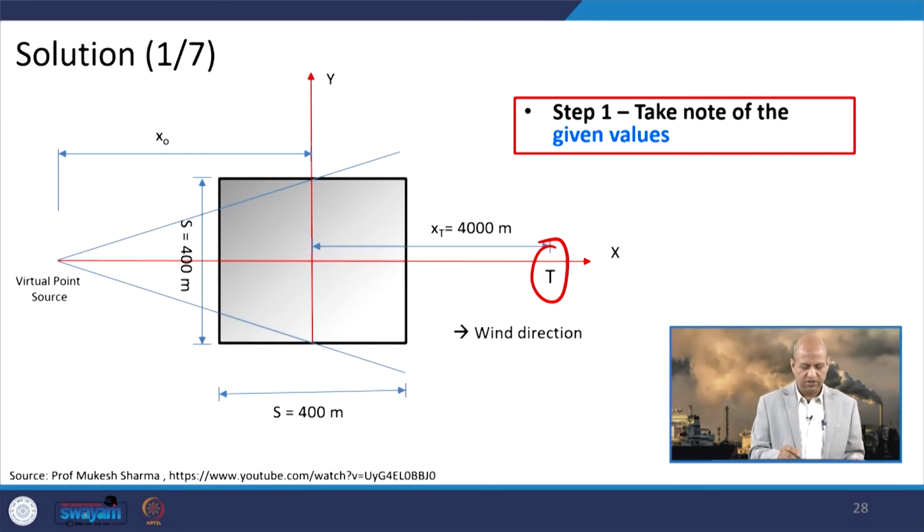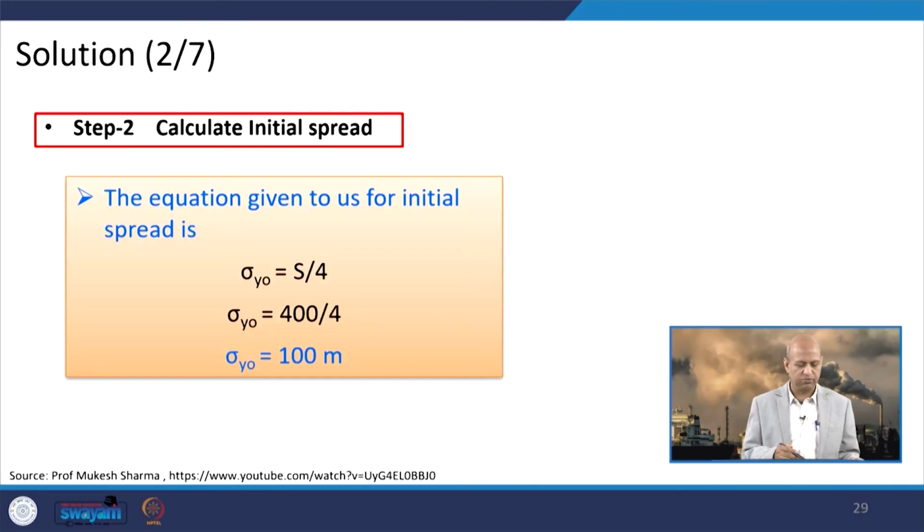X 0 is the distance of this virtual source, which we assume as the point source. S is 400 meter, it is given, and we need to calculate x 0, and we will add this to x t, so that we can get the total distance from the virtual point source to the receptor, and then we can apply the simple point source dispersion modeling equation.